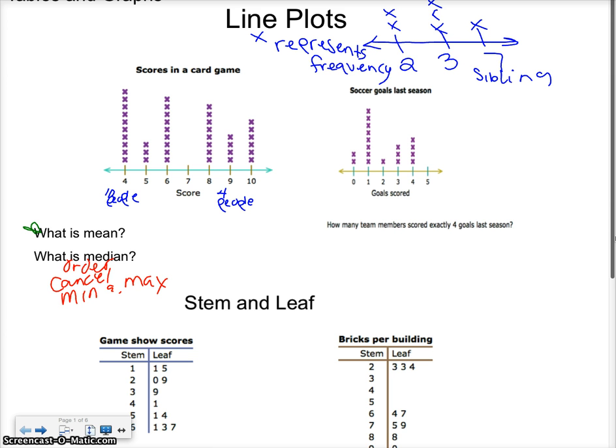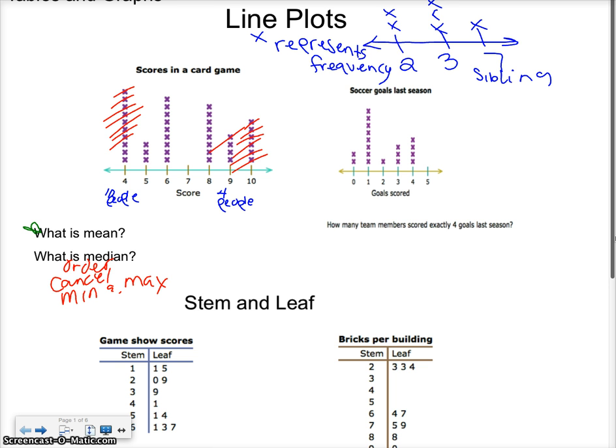My smallest score is 4, biggest is 10. Again, smallest is 4, biggest is 10. Still 4 and 10. Small, big, small, big, small, big.